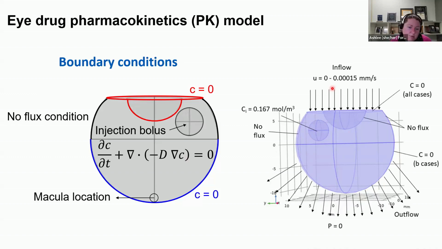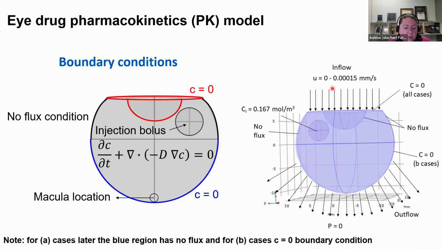So we wanted to be able to compare to data to see which ones were right: based on people's training and backgrounds and preconceived ideas about which terms should be there, or based on real physiological information. And it's very hard to measure these in humans, so that's why there may be these debates. So we explored different boundary conditions and different convection cases. We did this in rabbits and human.